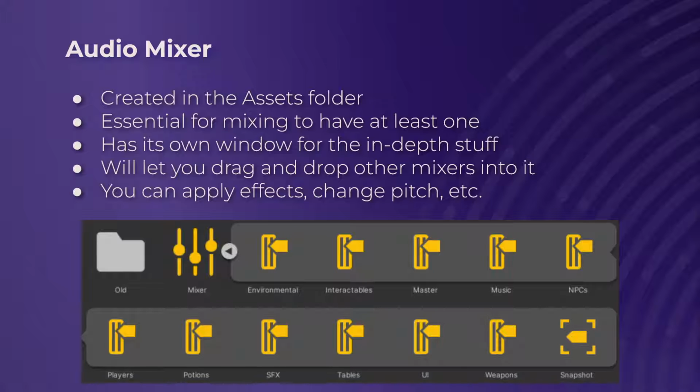It does have its own window, which we'll get into towards the end of this presentation, which has a bit more of the information, because this alone doesn't really say much. But yeah, you can drag and drop other mixers on it if you want to have a sub mixer. You can apply effects in there, you can change pitch of things, you can automate things. It's fantastic.